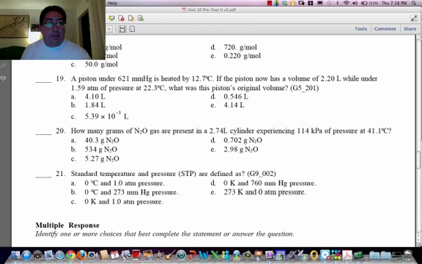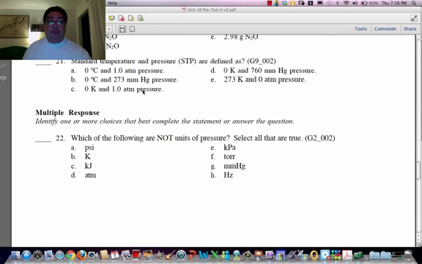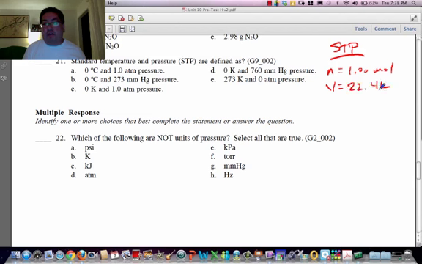All right, for 21. This one you just had to know what STP is. Remember, STP conditions are the following for the billionth time. n is 1 mole. The volume for 1 mole of a gas under STP conditions is 22.4 liters.